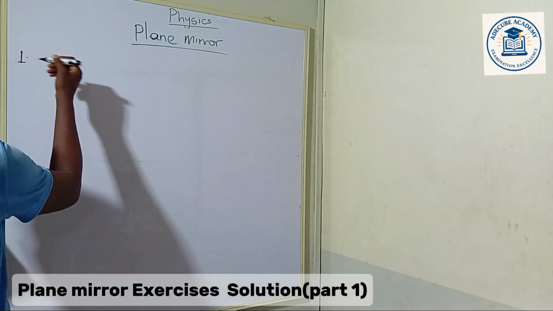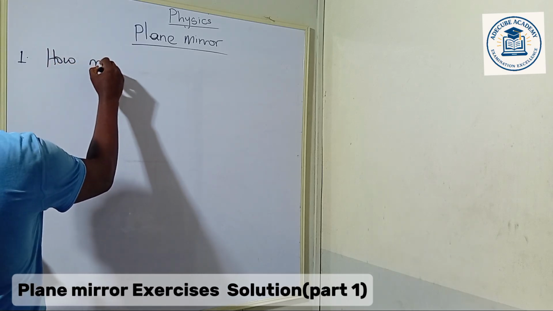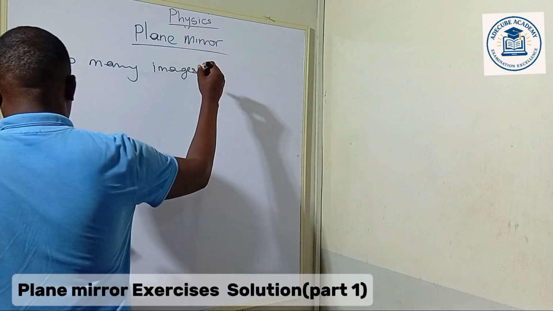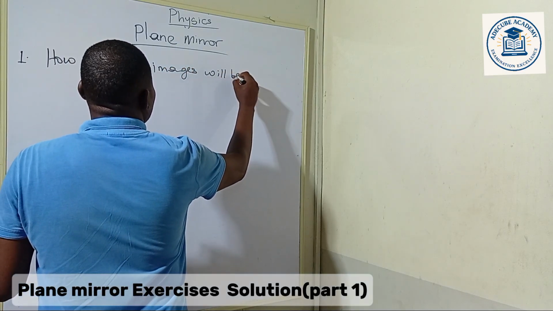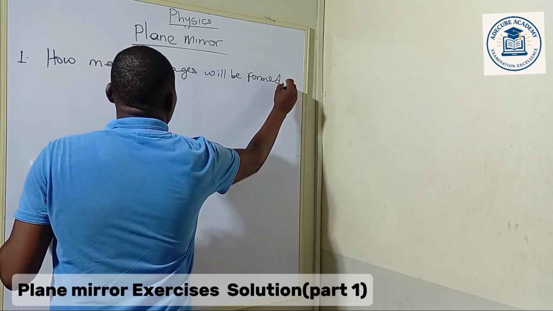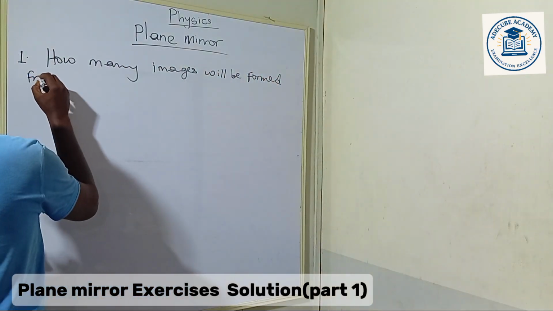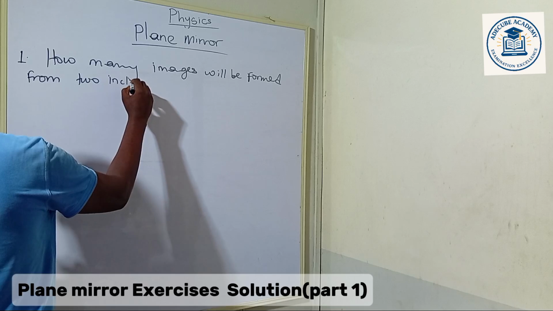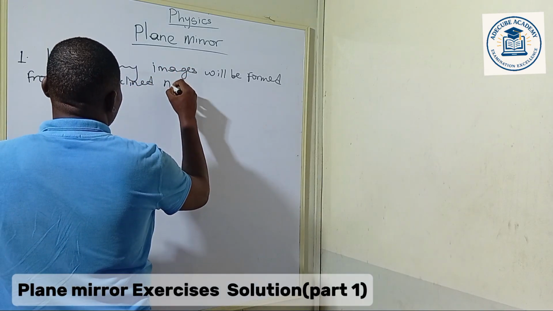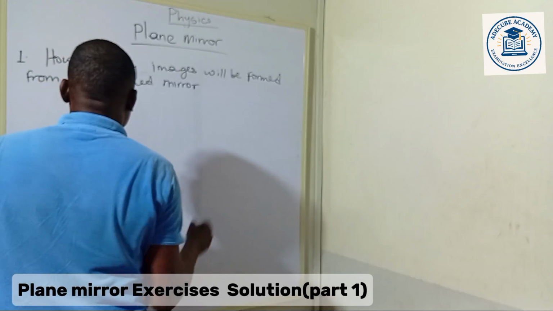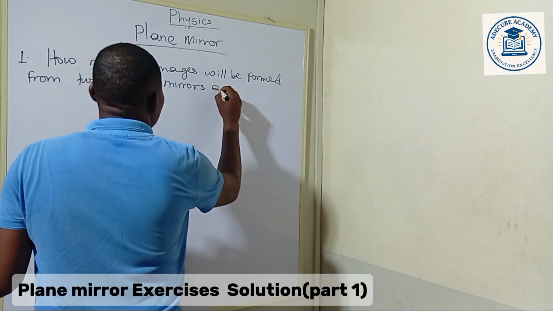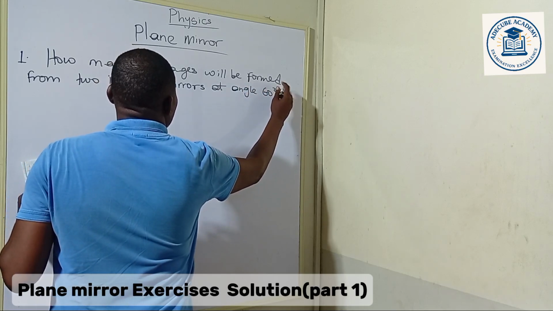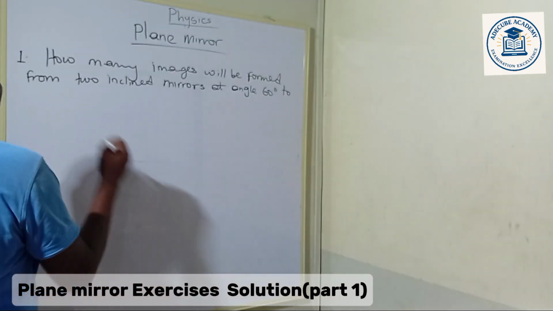Now, the first question says, how many images will be formed from two inclined mirrors at an angle of 60 degrees to each other?